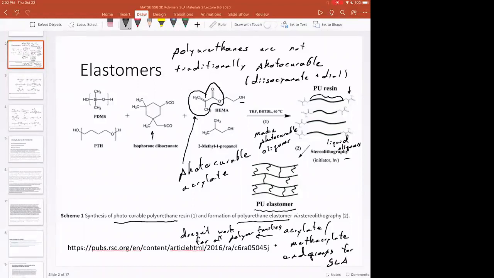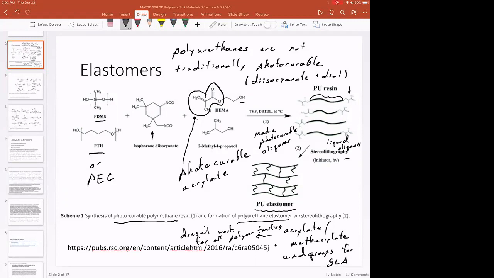And the reason it doesn't work for all polymer families is that ABS is not a liquid at any molecular weight that's useful. Same with PEEK. That's not a liquid at any molecular weight that's useful. And so you generally need some of this aliphatic ether component like this, or PEG, polyethylene glycol. That makes things liquids. Sometimes silicones are useful. They make things liquid. So you still need to be able to obtain liquids that have these end groups on them.